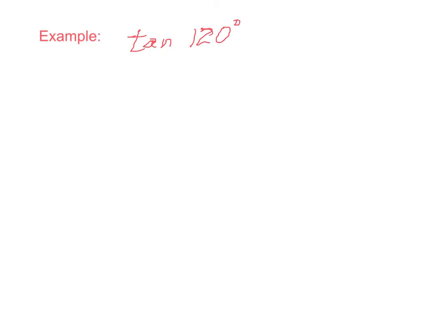So the reference angle for that is going to be 180 minus 120. So the reference angle is going to be 60 degrees, okay? So the reference angle in this case will be 60 degrees.